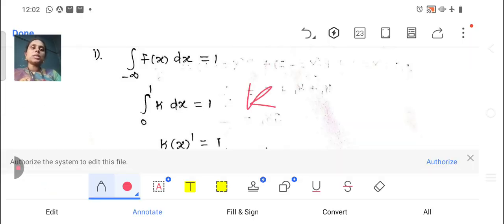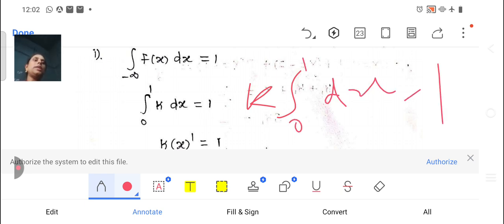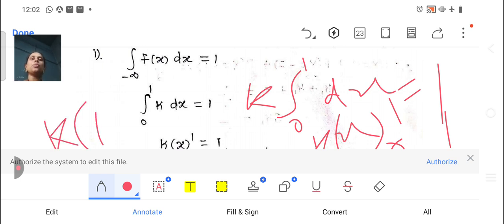Here k is a constant, so take it outside, integral from 0 to 1 of dx equals 1. The integral of dx is x, so k times x from 0 to 1 equals 1. So k into 1 minus 0 equals 1, so k equals 1. This is the k value.